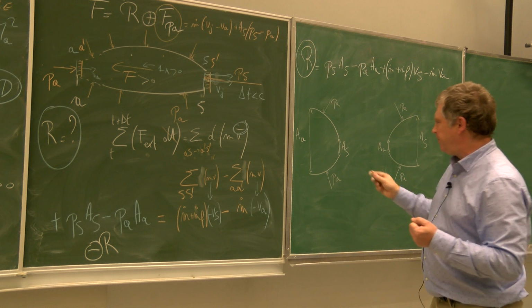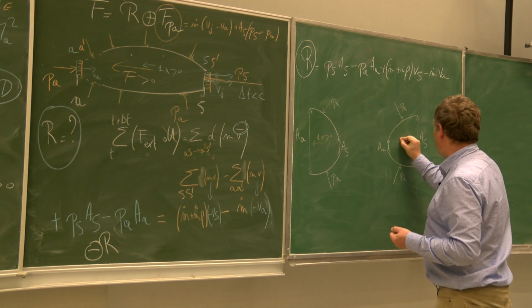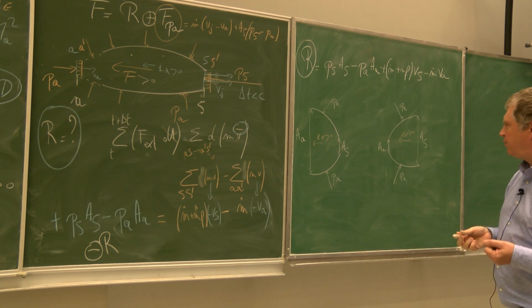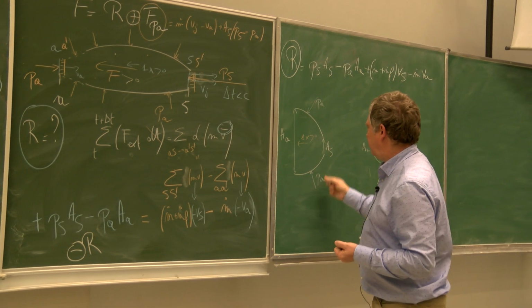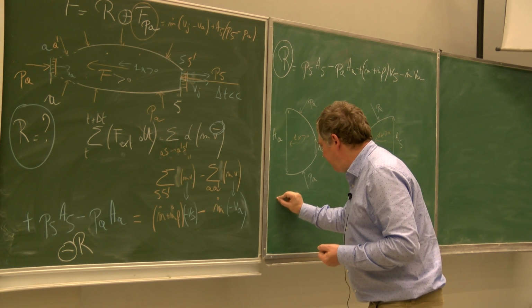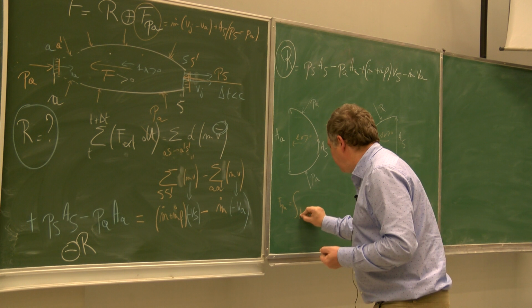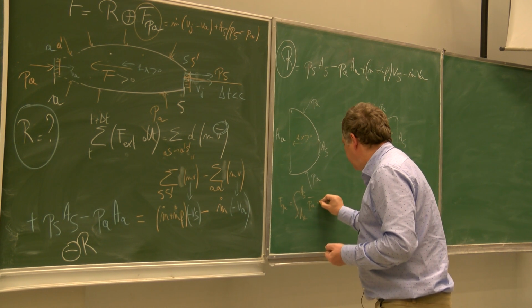What do you see? And always the 1x is positive like this. 1x is positive in this direction, so the direction of the thrust. What can we see? We see that if you consider FPA, this is the integral between AA and A5 of PA ds.